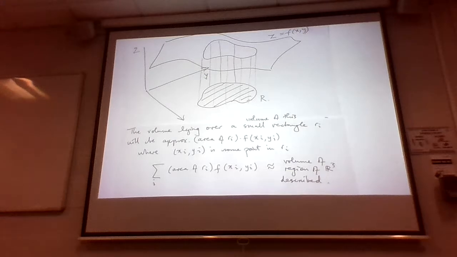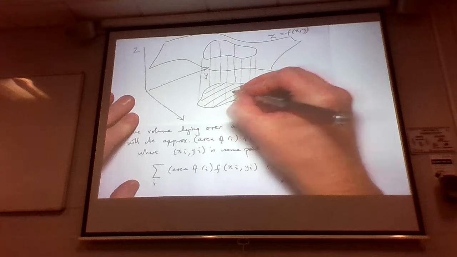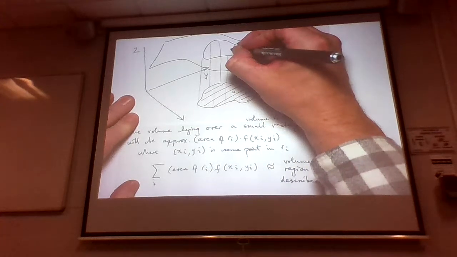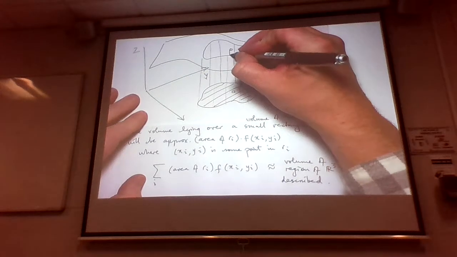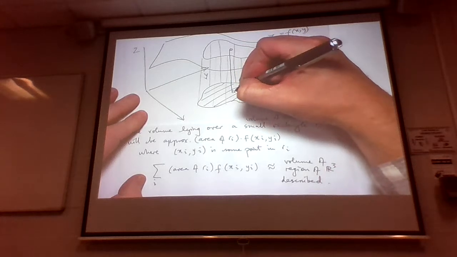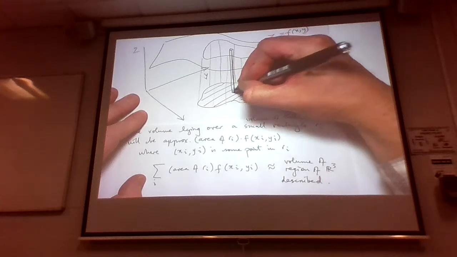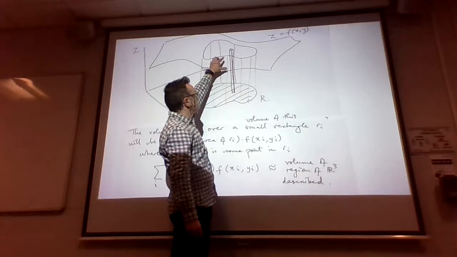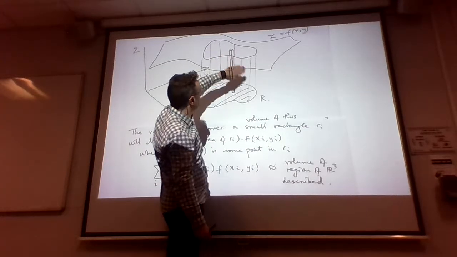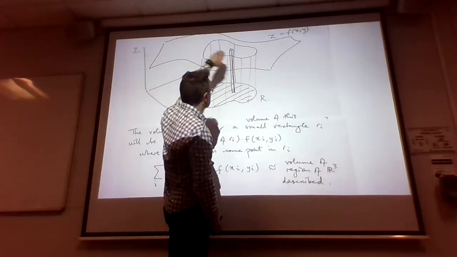Okay, it's an approximation. The reason it's not exactly the same is because around each rectangle here, I'm just choosing a single point to represent the height, and using that as the height of my tall little cylindrical piece. This thing really may have a curvy top or slanted top because the surface might be undulating over this.